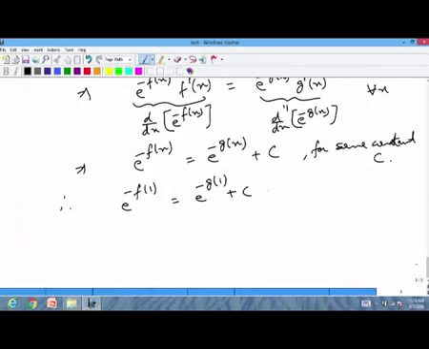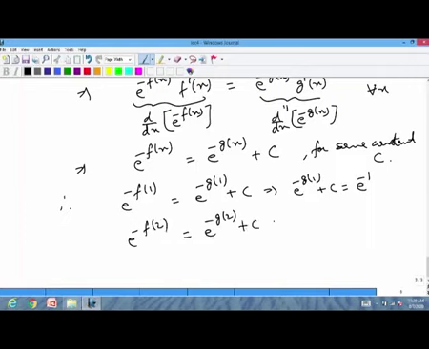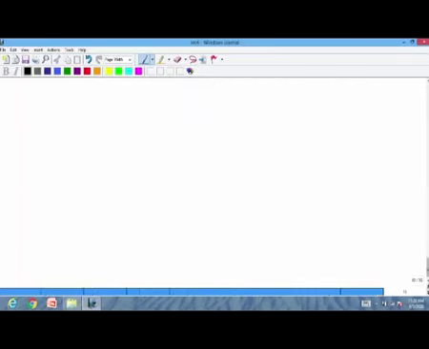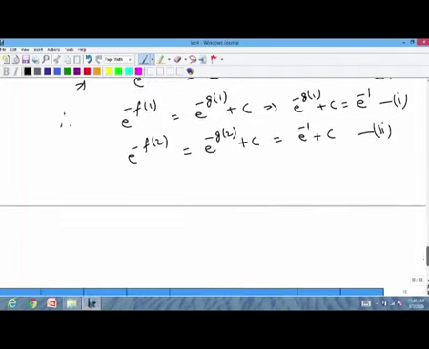So, this implies e to the minus g of 1 plus c is equal to e to the minus 1, and e to the minus f of 2 is equal to e to the minus g of 2 plus c. G of 2 is 1. So, this is e to the minus 1 plus c. So, we get these two equations. We do not know the value of c. So, we can eliminate c from these two equations.